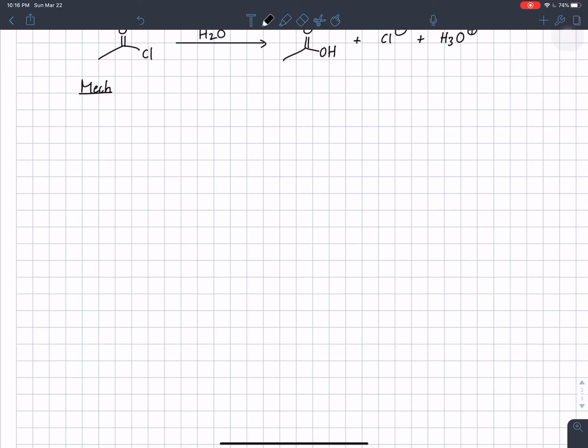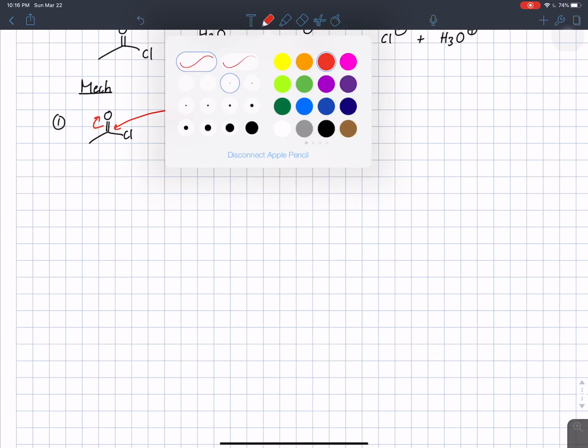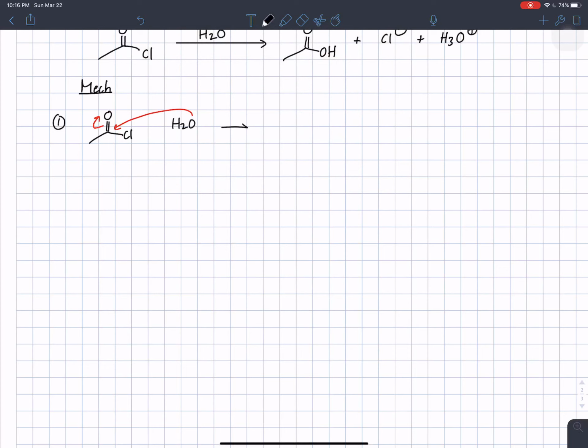So for the mechanism, step 1, you have your acyl compound, and we have water, H2O. The very first step will be to attack the spot, making this go up. This is completely irreversible, and we'll end up forming O-, OH2+, and Cl. Now, you don't want the water to leave, so the very next step is going to be to deprotonate.